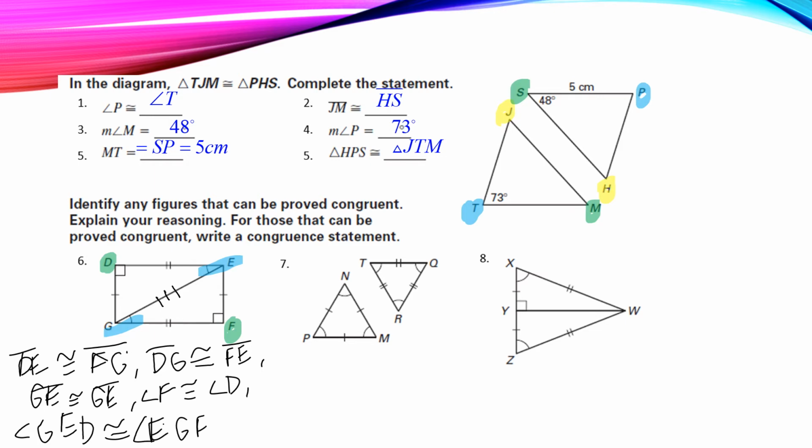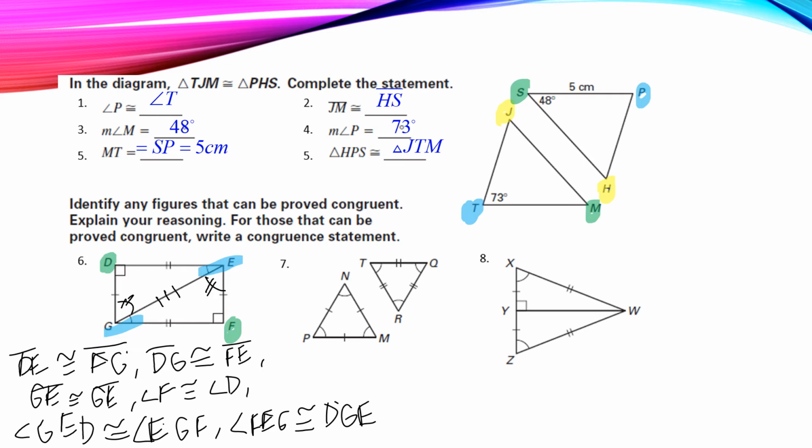Now, if we have two angles that are congruent, that means the other angles in that triangle are also congruent by theorem 4-1. So we can also say that angle FEG is congruent to DGE. Okay, so it definitely depends on where your vertices are, okay?